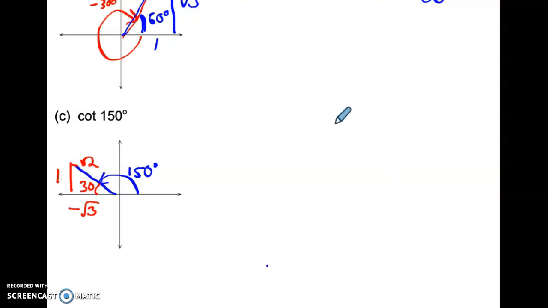Now we need to remember that cotan is really just the reciprocal of tan. Tan theta was y over x, so cotan of theta is just the flipped version of this, x over y.